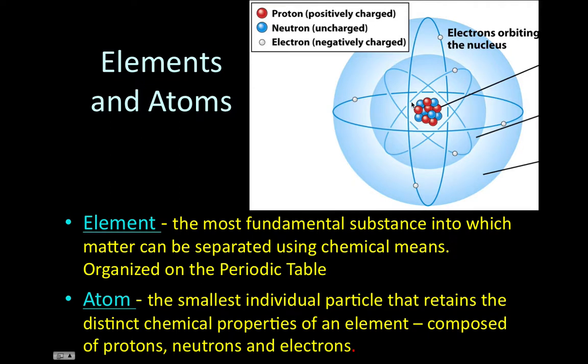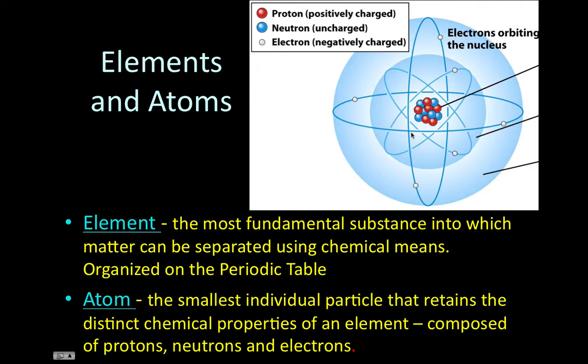Protons and neutrons are both found in the nucleus. Protons are positively charged and neutrons have no charge. What we have orbiting the nucleus are electrons, and electrons are negatively charged.